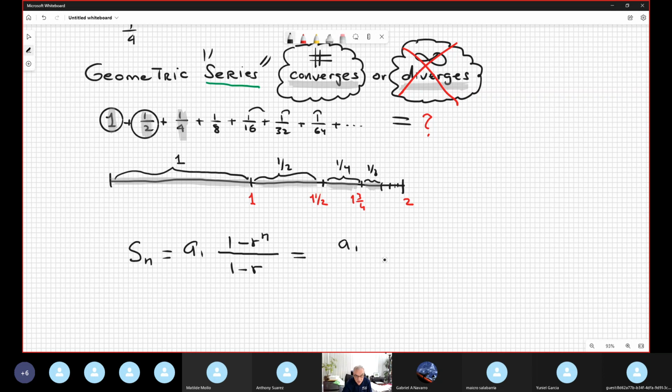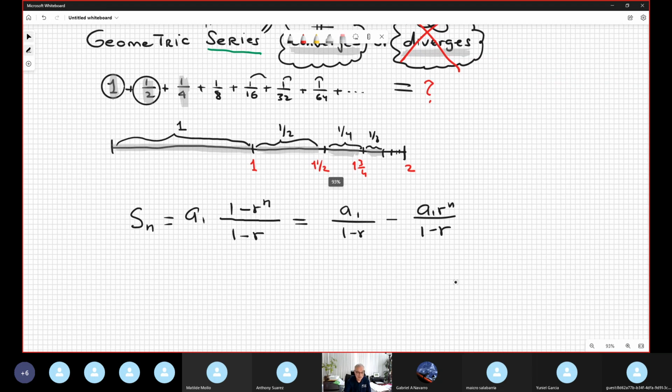This is A1 divided by 1 minus R, because it's the common denominator, minus A1 R^m divided by 1 minus R. But it's clear. It's algebra.